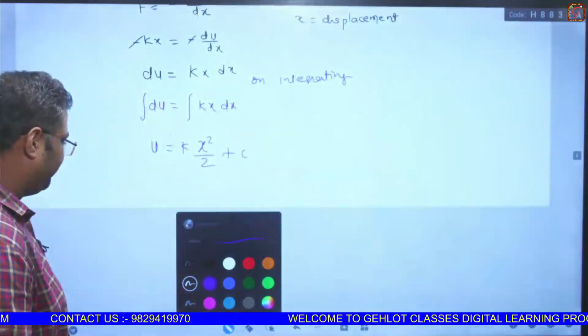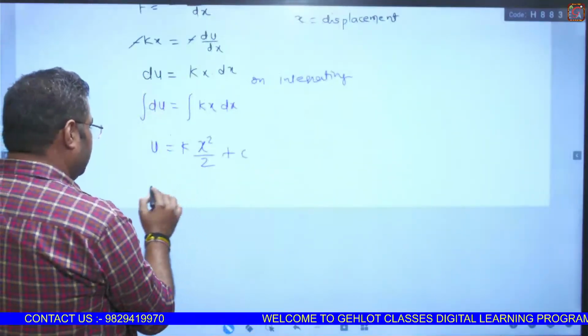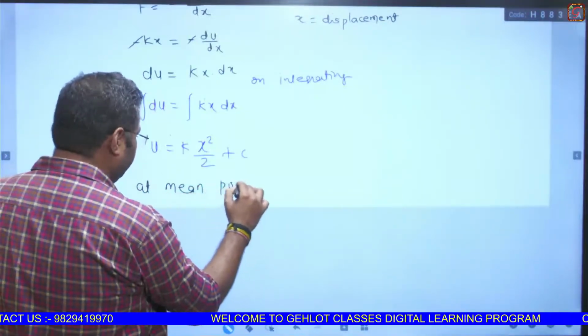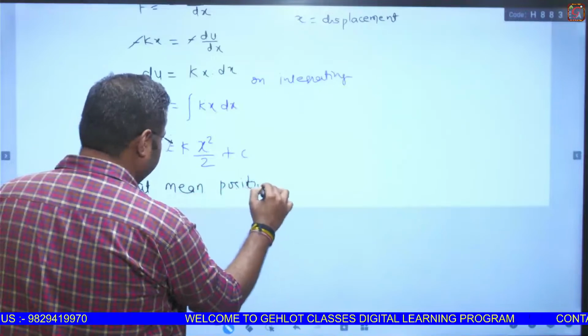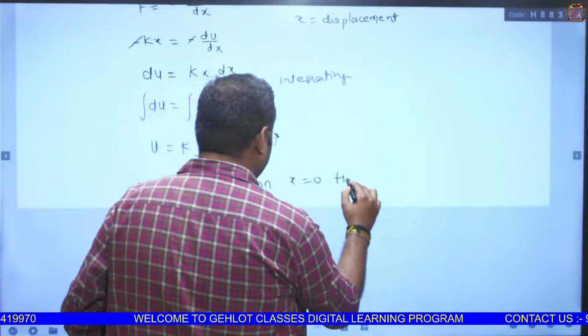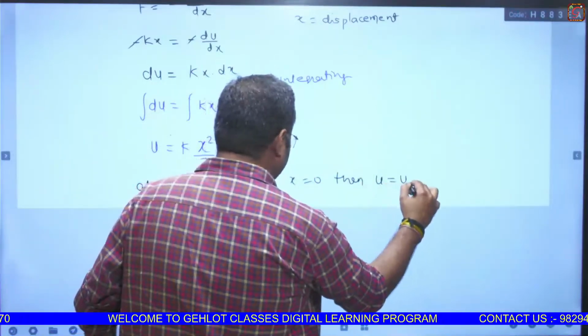Now at the mean position, x equals 0, then U equals U naught.